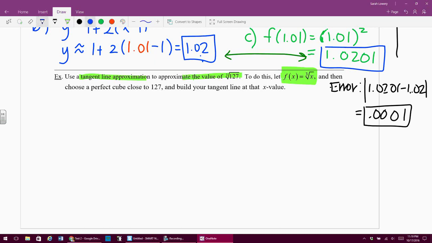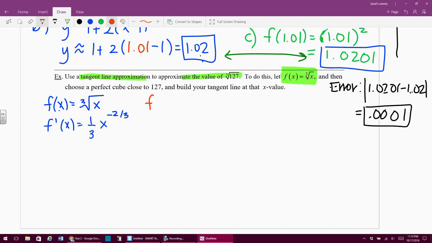First off, I'm going to let my function be the cube root of x, which is going to mean that my derivative is 1/3 x to the negative 2/3 power. The next thing I'm going to need is to know what I'm actually going to use as my x values.